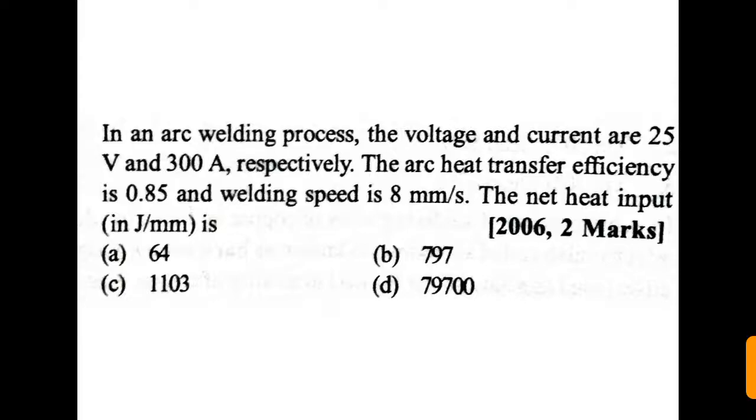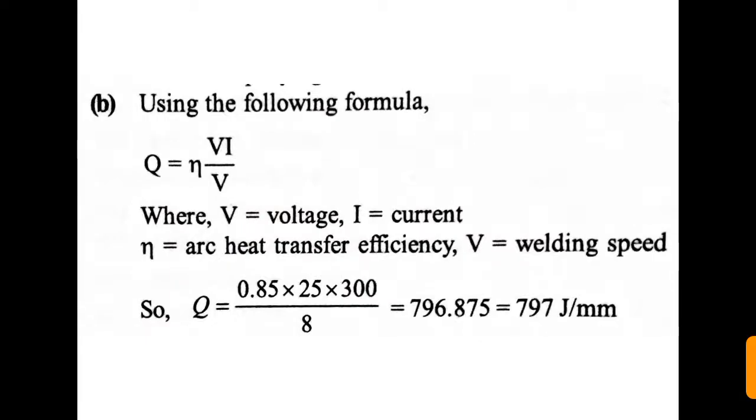So how can we calculate this? We know by using this formula that the net heat input equals the efficiency of arc heat transfer into V into I divided by v. Here V is the voltage and I is the current, and the lower v is the welding speed.